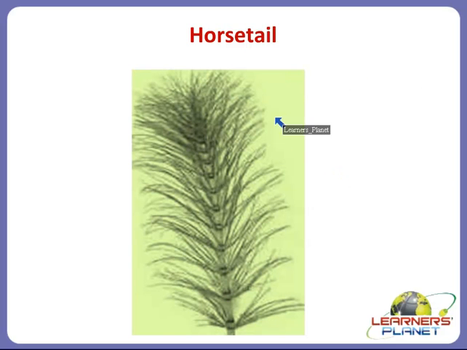There is also one more example, that is horsetail. These also possess spores because they do not have seeds. Some plants like horsetail do not possess seeds, and they possess tiny structures like spores, and they reproduce with the help of spores.